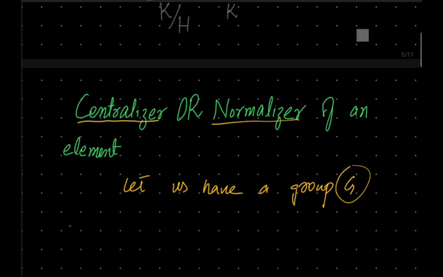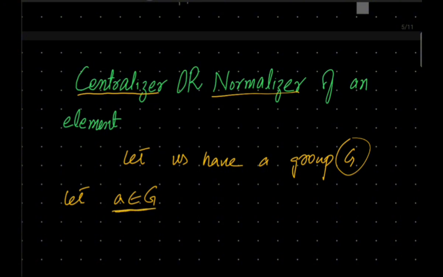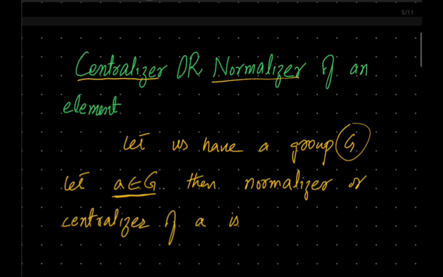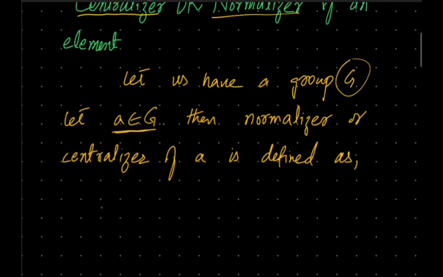So we have to pick an element from G. Let a belong to G. We are going to find the normalizer or centralizer for this a. Then the normalizer or centralizer of a is defined as C(a) or N(a), because both things are the same for an element.